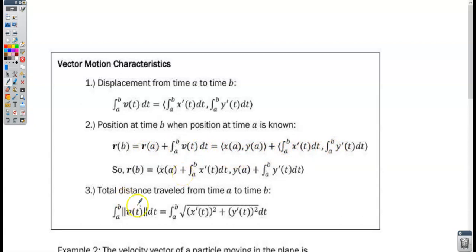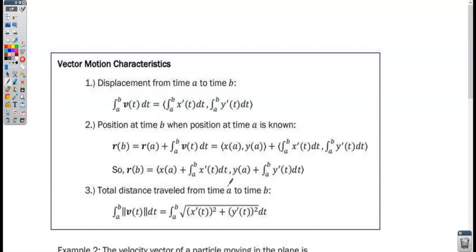And then total distance traveled. Well, if you remember when we did total distance traveled in rectangular coordinates, initially it was hard for us because we had to figure out when the velocity was positive and when it was negative and where it changed directions and compensate and all that kind of stuff. And then we learned about integrals, and we could find the total distance traveled by integrating the speed function.